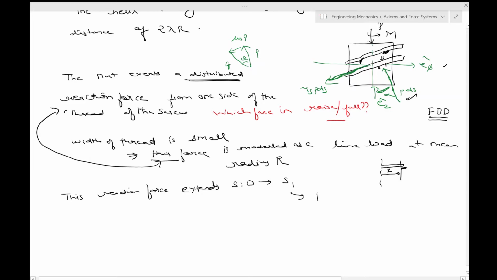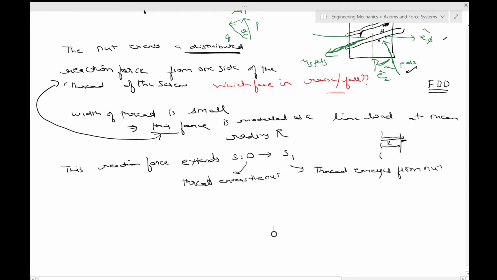Thread emerges from nut, in this one thread enters the nut.